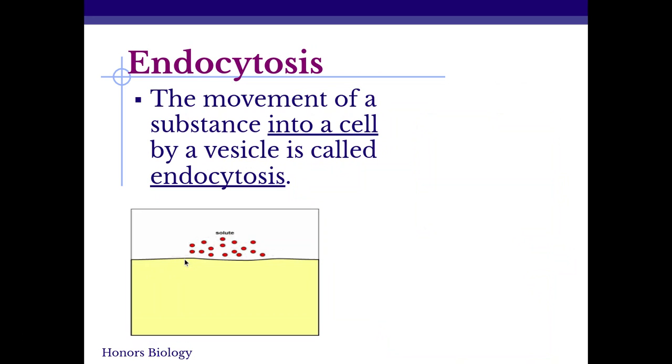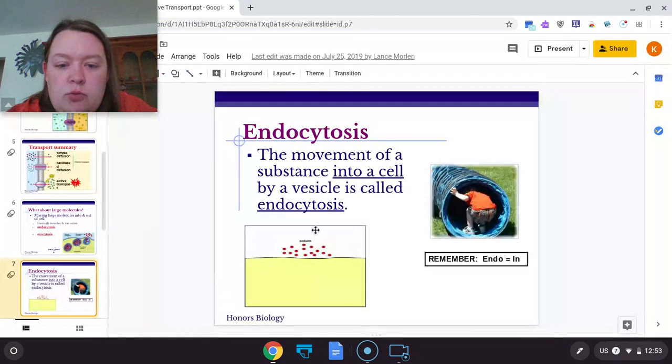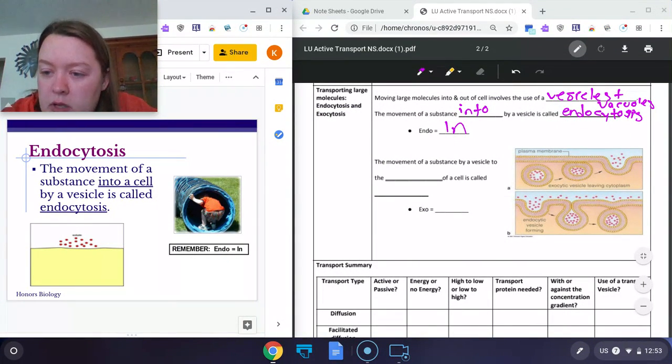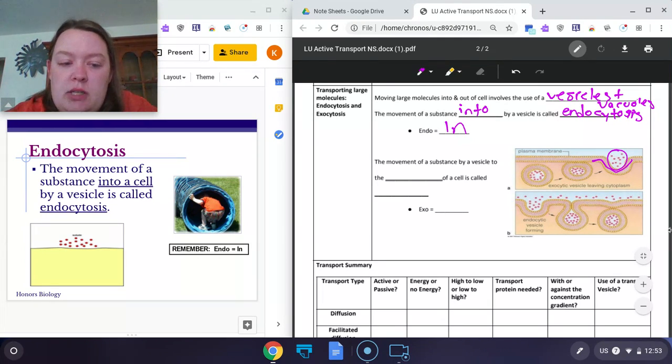Well, what will happen is the cell membrane will slowly start to cave in. It will bud off and create a vesicle inside. So if we look here, these were on the outside. The membrane will start to cave in. It will wrap around, and a vesicle is going to be made to bring that molecule in.